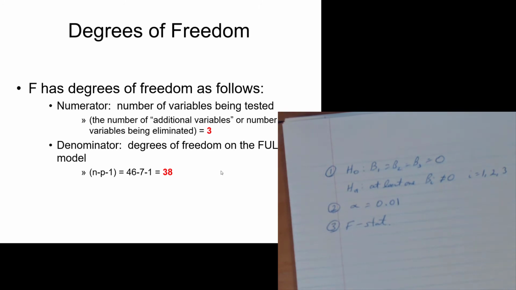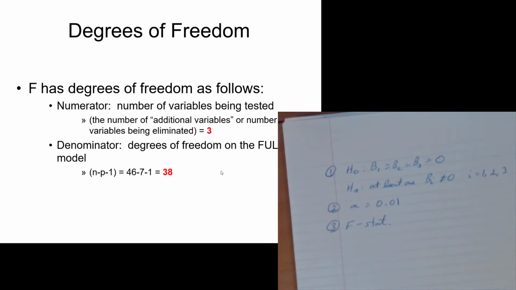The degrees of freedom, again, the numerator degrees of freedom, because we remember that every F-stat has two numbers that define its degrees of freedom, a numerator degrees of freedom and a denominator degrees of freedom. The numerator degrees of freedom is the number of variables being tested or the number of variables being eliminated. Okay, p minus q if you really want to make it more confusing for yourself. p being the number of variables in the full model, q being the number of variables in the reduced model.